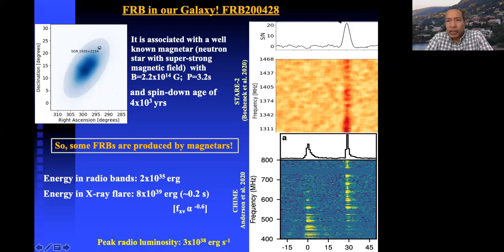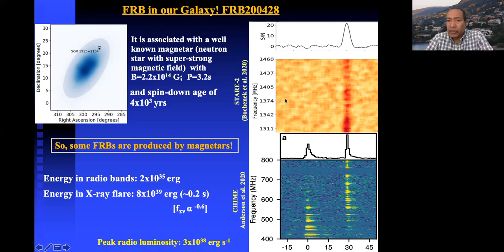You can see the signal in the radio band here, de-dispersed, taking out that 1 over nu squared delay in the arrival time. You can see the signal de-dispersed as seen by STARE and then in CHIME. CHIME saw 2 pulses separated by 30 milliseconds. STARE saw 1.